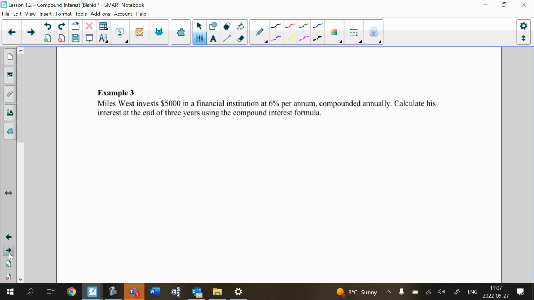Interest rate is 6%, which as a decimal is 0.06. N is 1 because it's compounded annually. And T, he's invested it for 3 years.